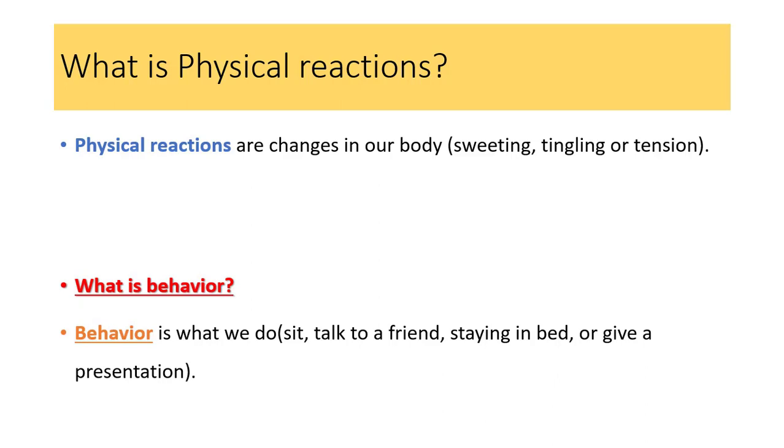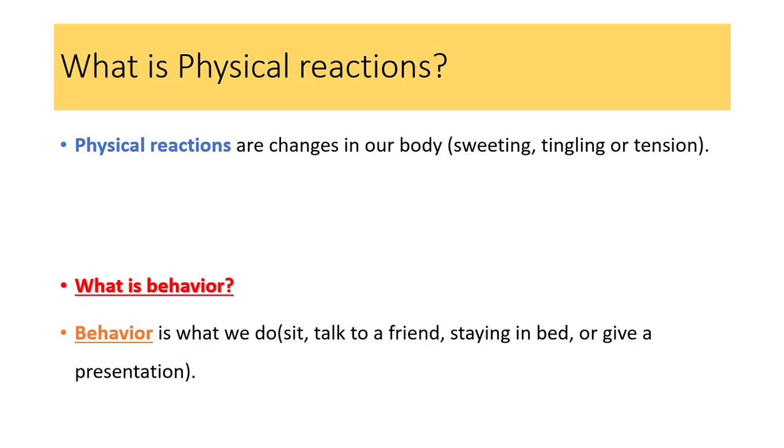Strong feelings are accompanied by physical reactions. For example, if you feel anxious, your body may become tense, your heart may beat more quickly, and you may sweat. These are physical reactions.